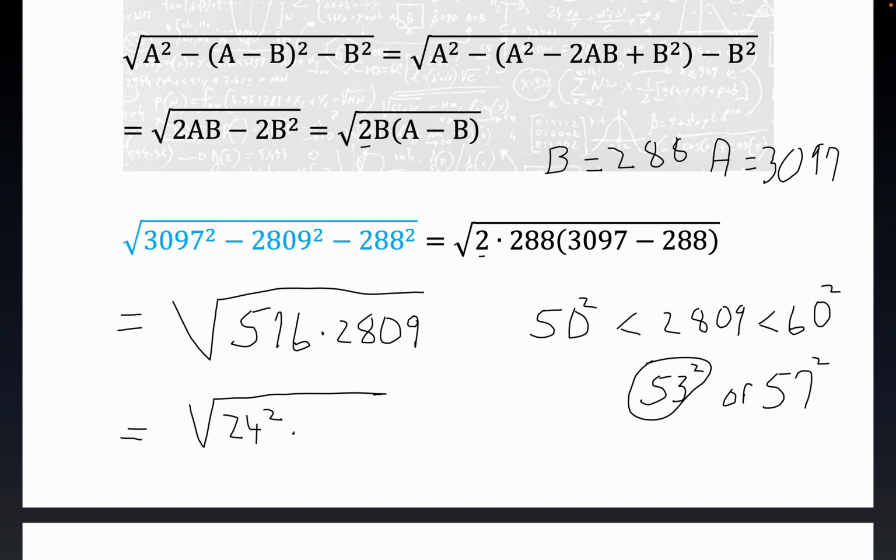Square rooting and squaring are inverse operations, and so we see that this is equal to 24 times 53. A fairly simple multiplication, I won't do that one for you, but that's manageable, right? Much more manageable than the original expression.